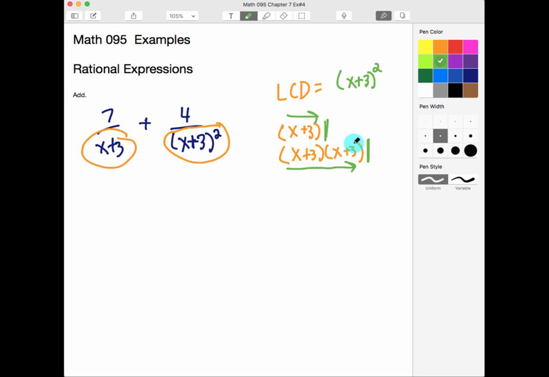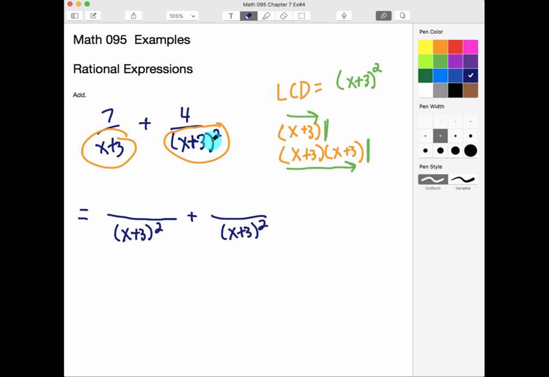So the most of this factor, x plus 3's are the same, but this one has 2, this one has 1, so I'll take 2, which makes x plus 3 squared. So now I need to rewrite my fractions so that there is an x plus 3 squared for each fraction.